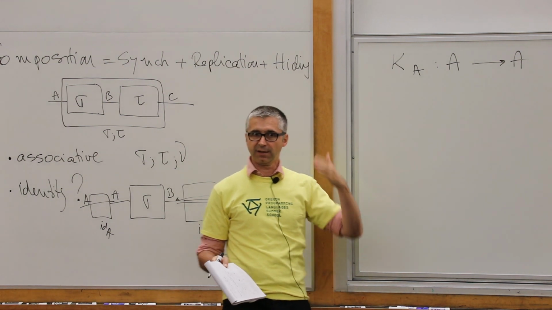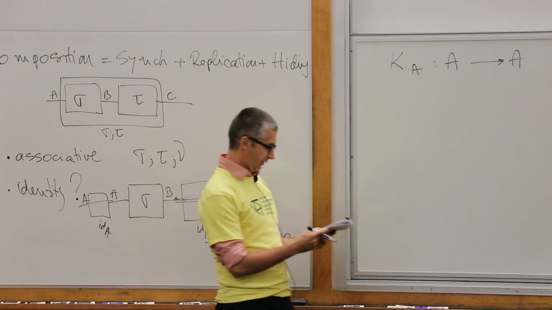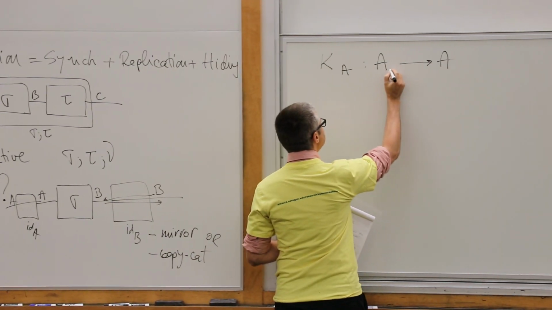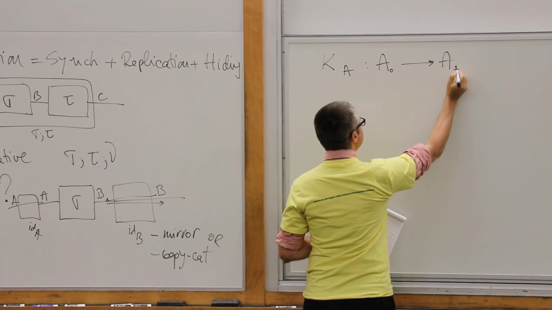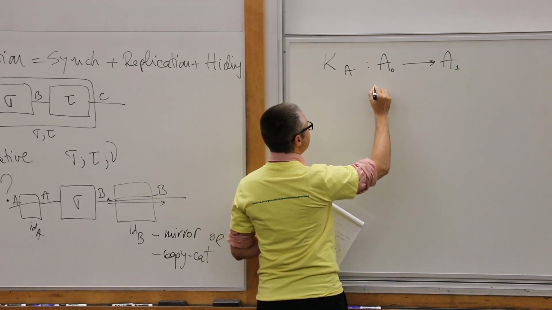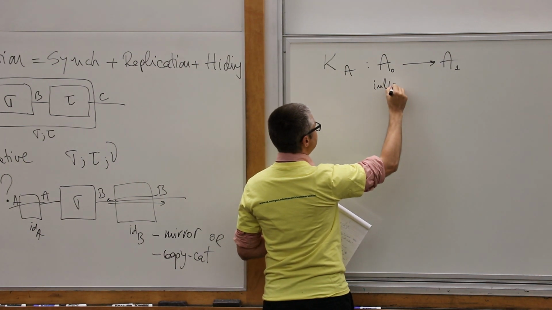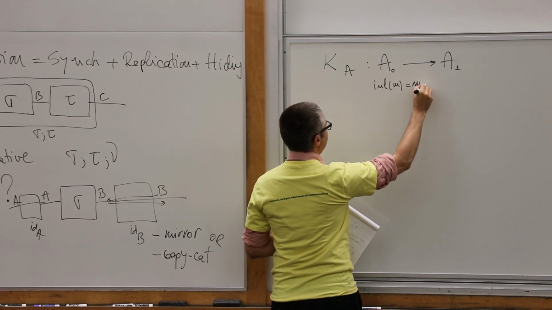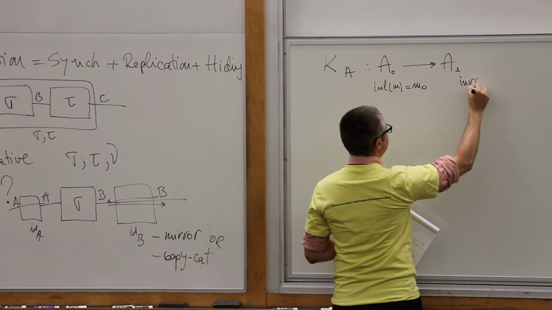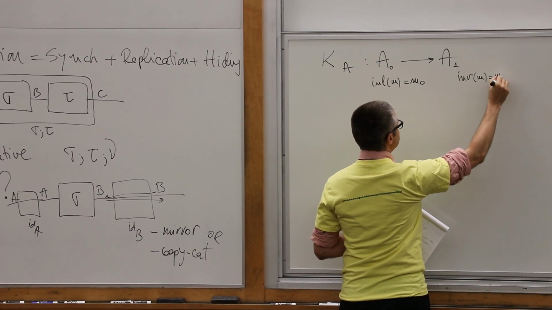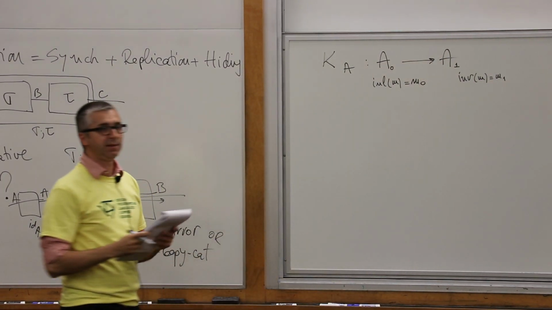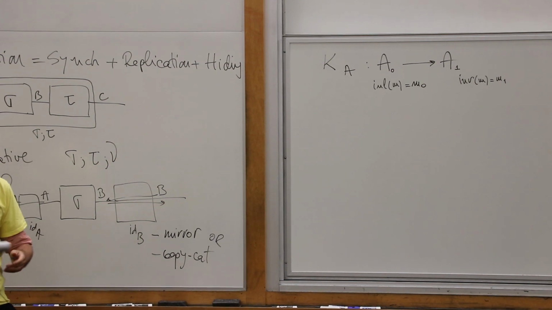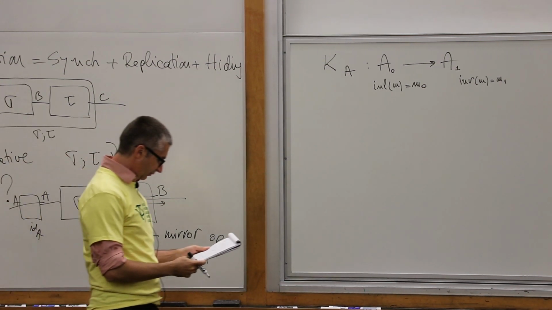There's a coproduct between all of them. So I'm going to tag everything that's here with 0, everything that's here with 1. This stands for in left of some move, which I'm going to write as M0, and in right of some move, which I'm going to write as M1, just to keep the notation more succinct.